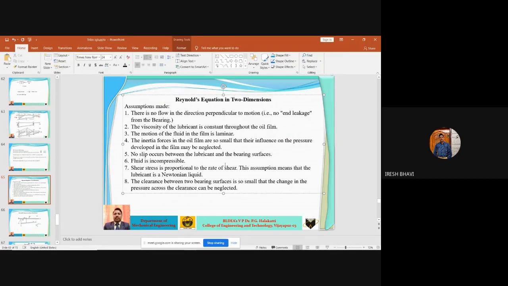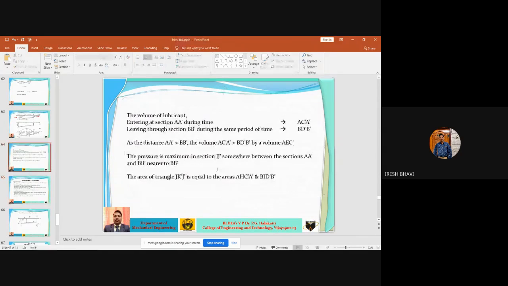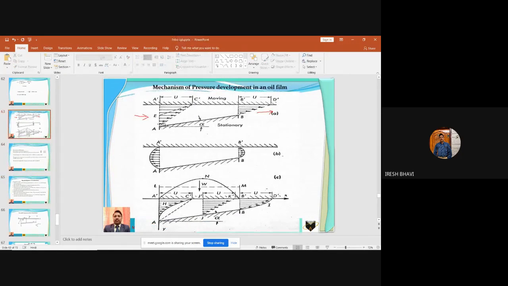Then the last assumption is that the clearance between the two bearing surfaces is so small that the change in pressure across the clearance can be neglected. Means what? The gap between the bearing and the shaft is very small, so the pressure variation in the y direction is neglected.